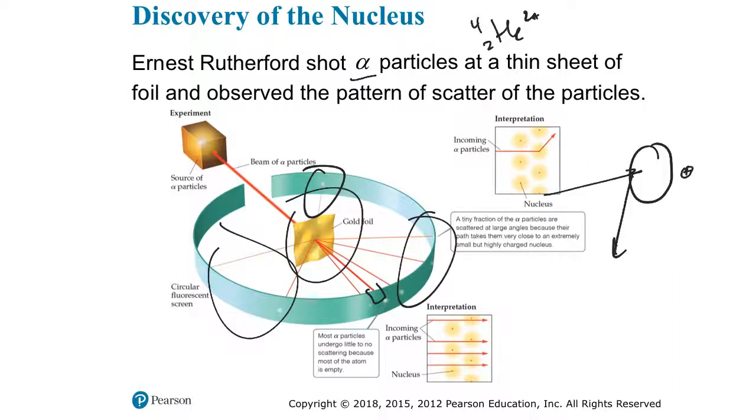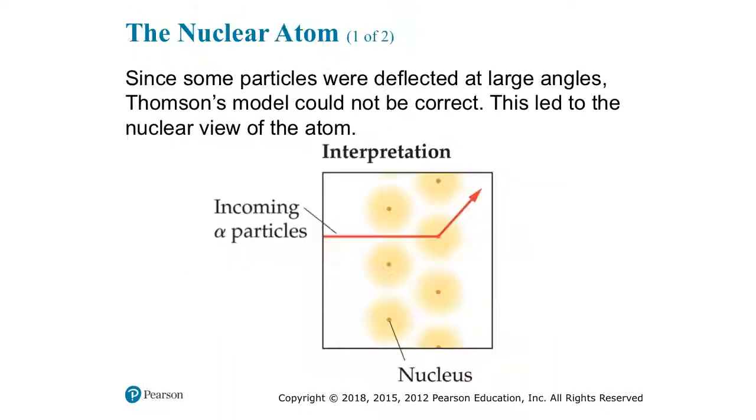So what arose from this sort of experiment was actually the nuclear model for the atom, and then together with the later discovery of protons and neutrons in about 1932, we finally get the picture of protons and neutrons residing in the nucleus, and the relatively light electrons orbiting outside the nucleus. So here's our nuclear atom. Incoming alpha particles are deflected if they hit a nucleus, and if they don't hit a nucleus, then they go straight through.